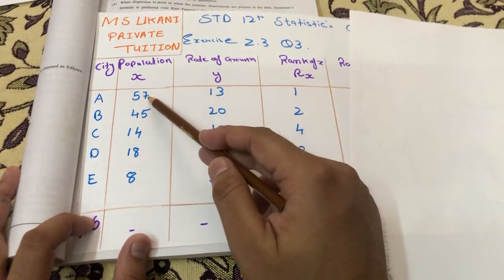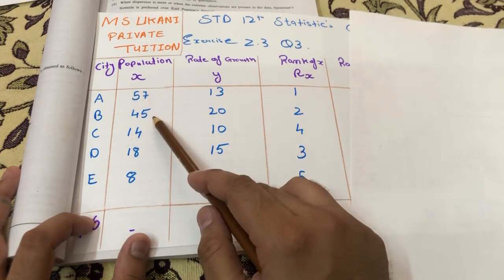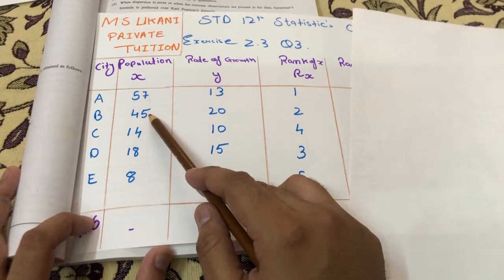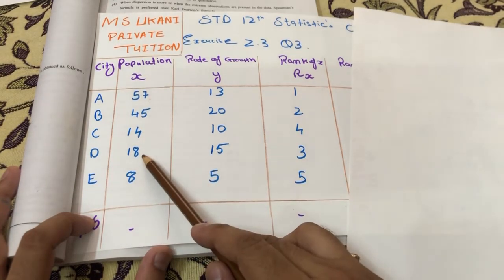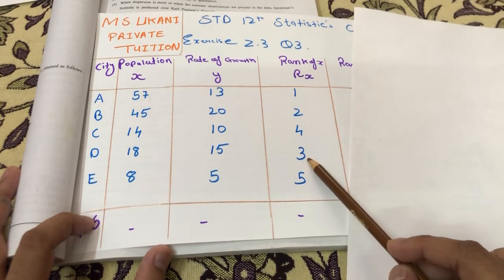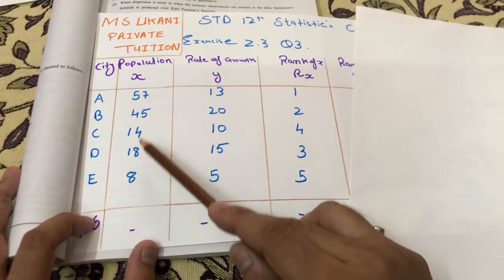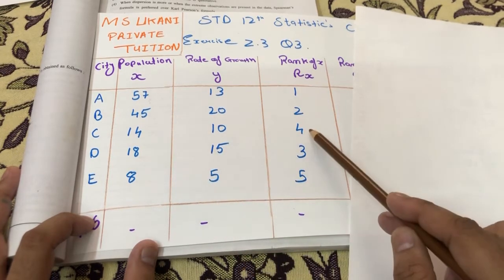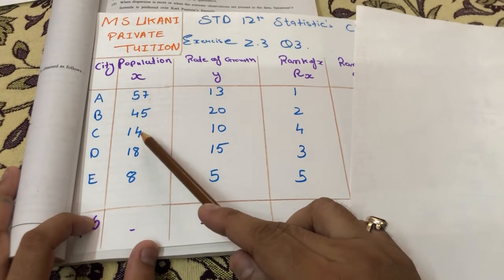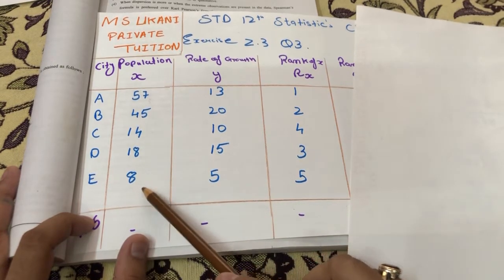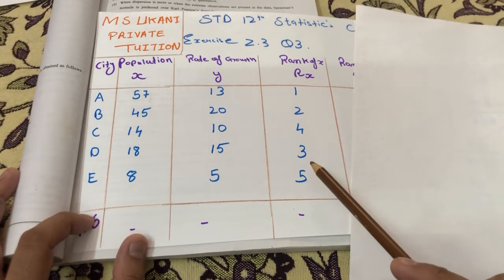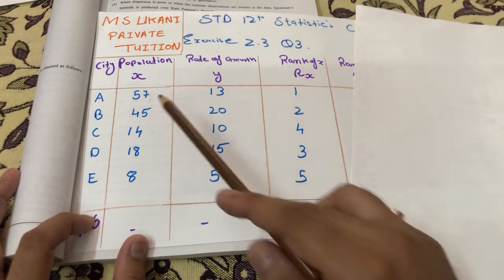Now the number smaller than 57 is 45, so here I had given rank 2. Now the number smaller than 45 is 18, so I had given rank 3. Now the number smaller than 18 is 14, so I had given rank 4. And the number smaller than 14 is 8, so here I had given rank number 5. In this way you will give the rank Rx from X.